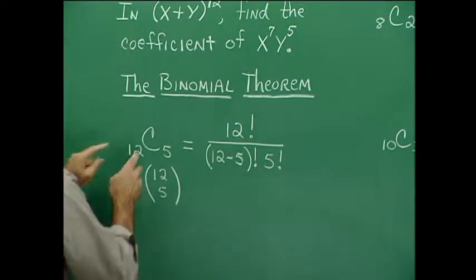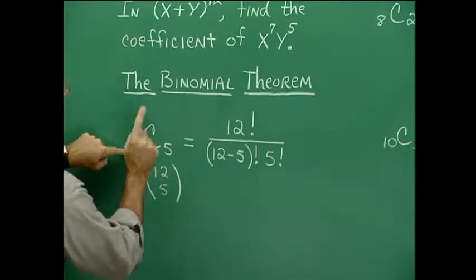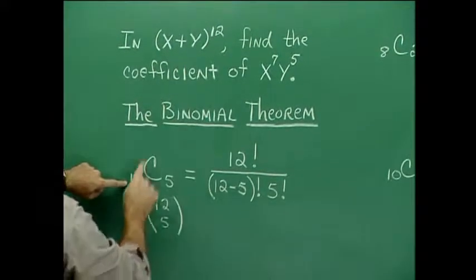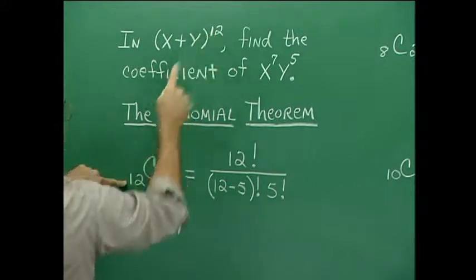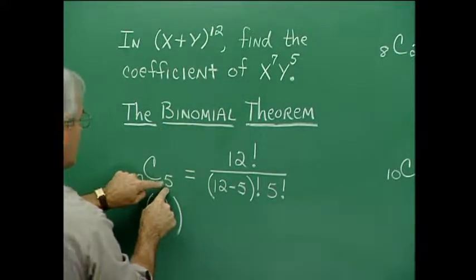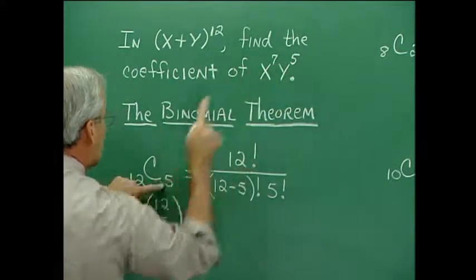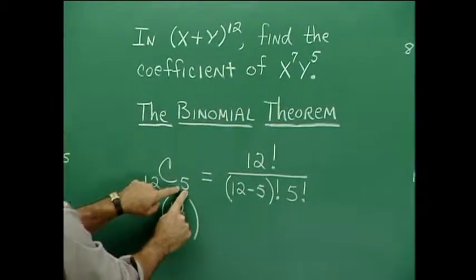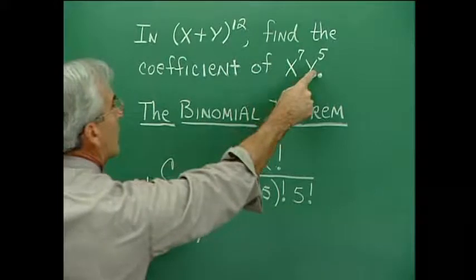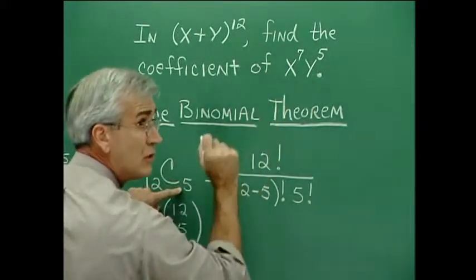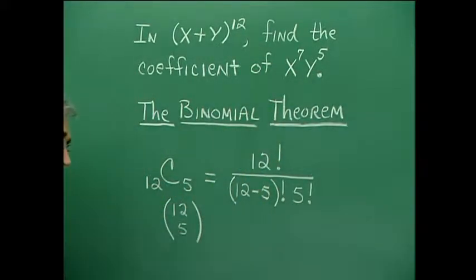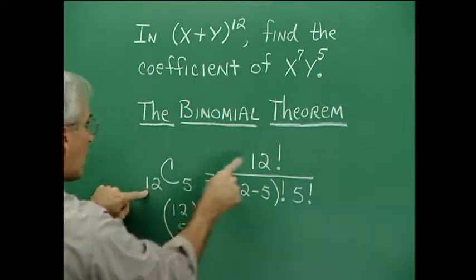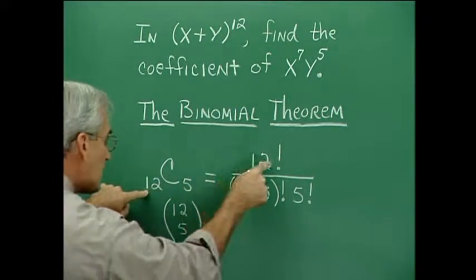All right, now the 12 appearing here corresponds with the exponent on the x plus y. So that's where that comes from. And it turns out that the 5 here happens to be the exponent on the y, the second part of the binomial expansion. Okay. Now, let's make the correspondence between these two. We have 12 factorial. The 12 corresponds here with the numerator.